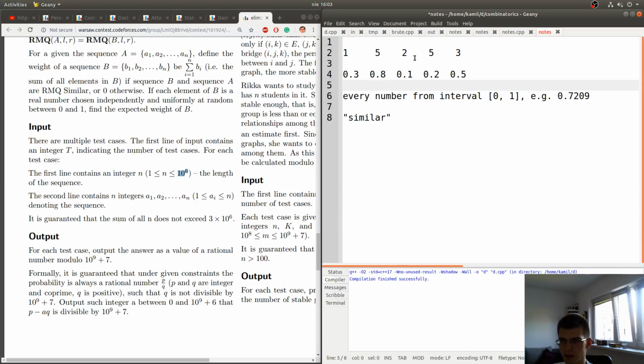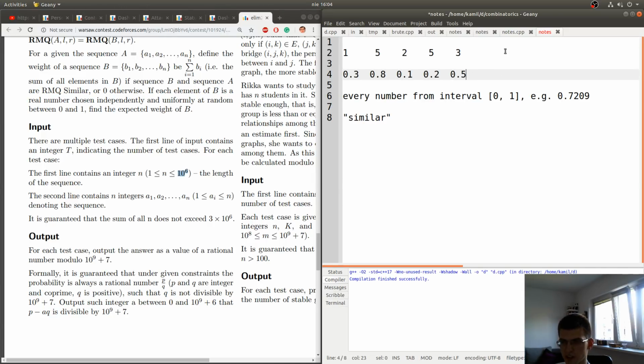For example, here in this interval the biggest number is here, and here again this number is here, so it's okay. But when we take a look at this interval, in the first sequence the bigger number is here, so index 4, and in the second sequence the biggest number is here, index 5. So these two sequences aren't equal.